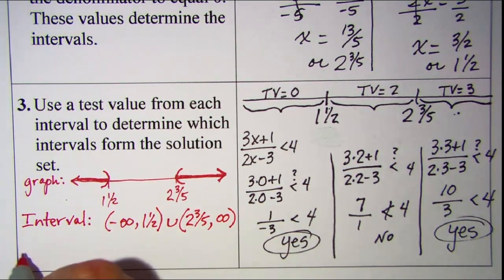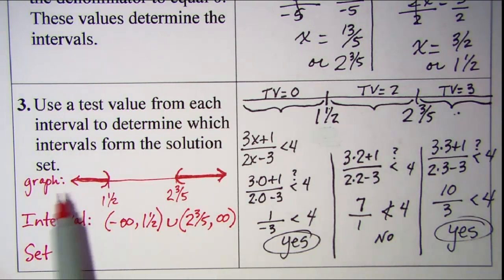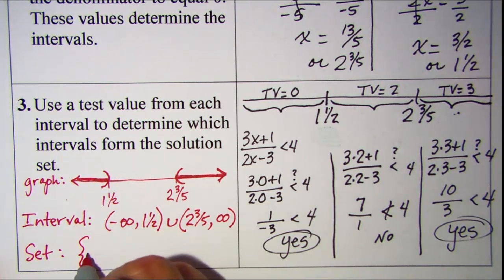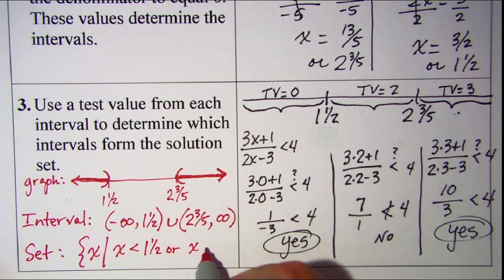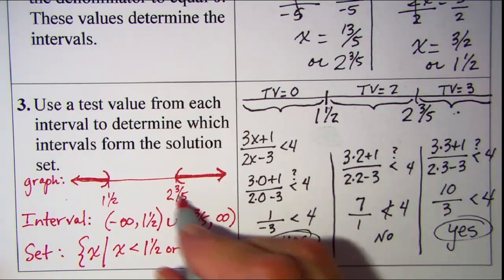And then the set notation, we want all numbers that are less than 1.5. So the set of all x's such that x is less than 1.5, or x is greater than 2 3/5.